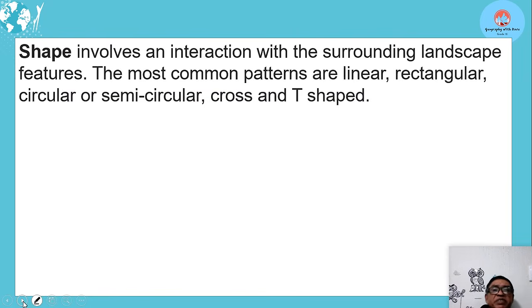Let's take shapes. The shapes involve the interaction with the surrounding areas. When we look at the surrounding areas, maybe there's a road, and the shape will go according to that.